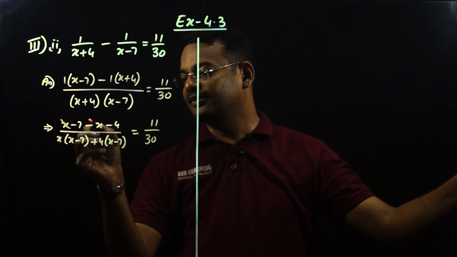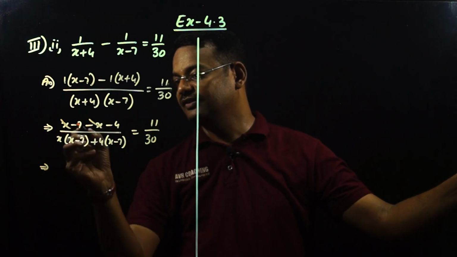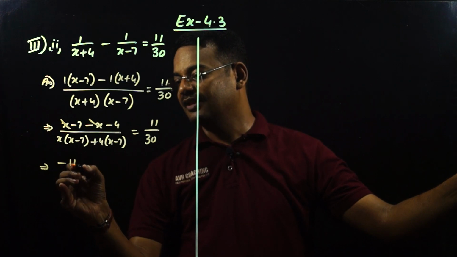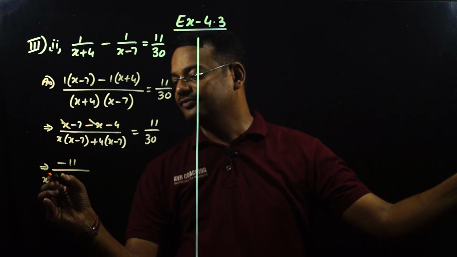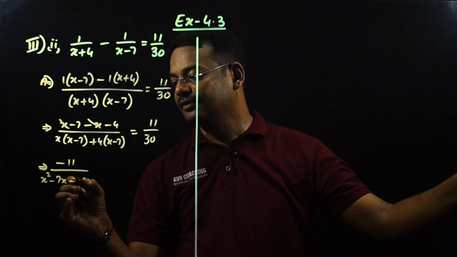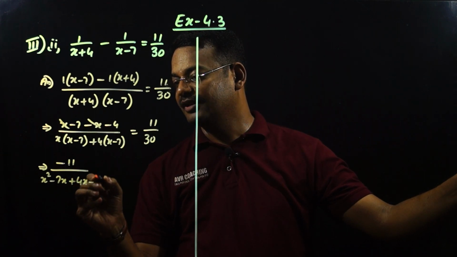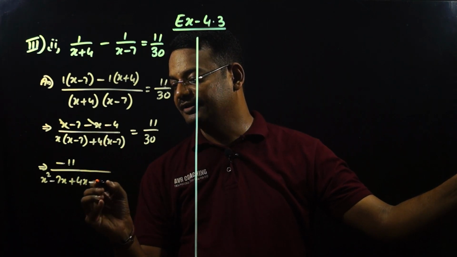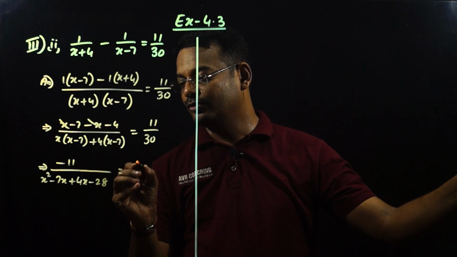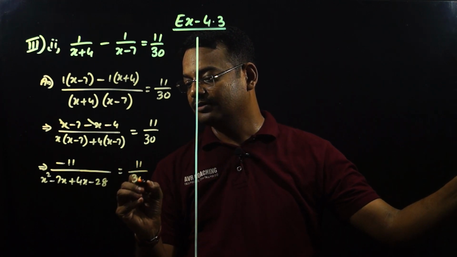So here x minus x goes, this is minus 11 by x square minus 7x plus 4x minus 7 4s are 28, equal to 11 by 30.